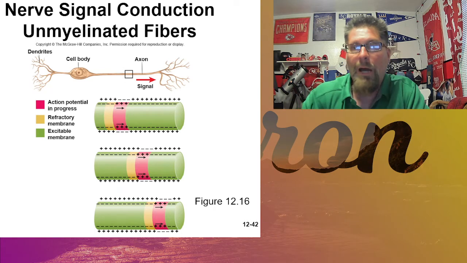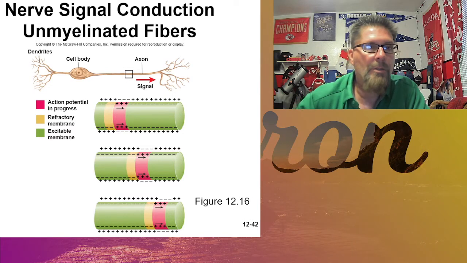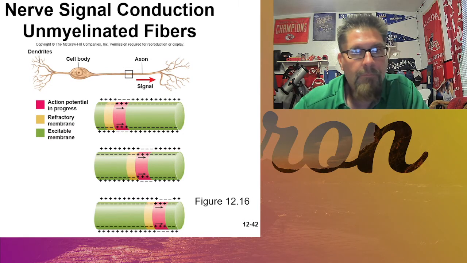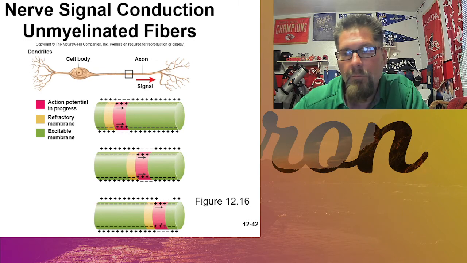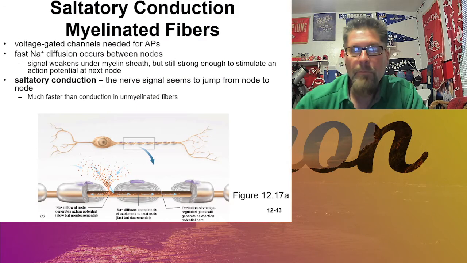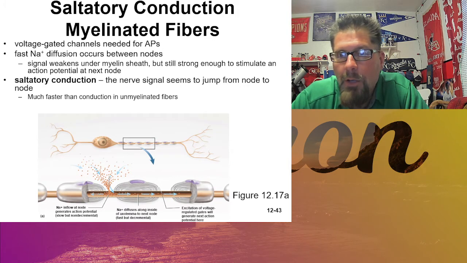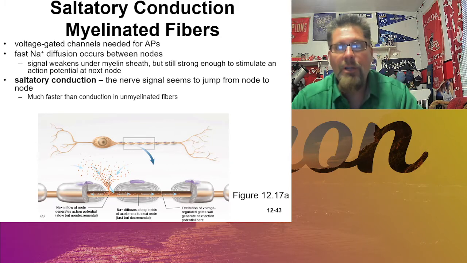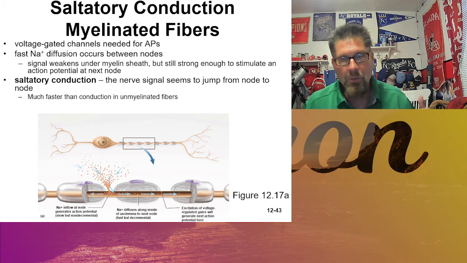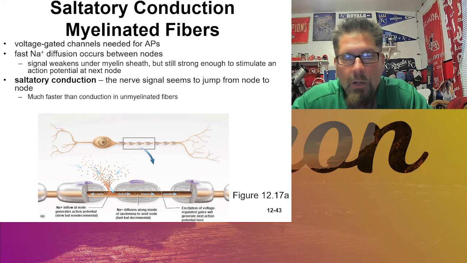Whereas the myelinated, it just zooms right through the process. And here's what it looks like in a myelinated fiber. You can see that instead of that inchworm type, the myelin sheaths keep that signal nice and tight in there, so it can speed along very quickly.